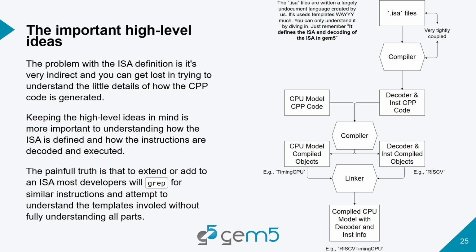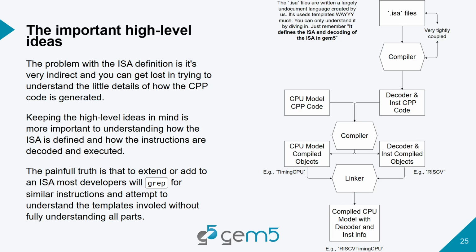Before I jump into some examples, I want you to get the important high-level ideas first, because you can get really lost in how the ISA parser parses everything and how the decoder actually works. At a high level, you have these .isa files, which are written in this bespoke language that we made ourselves at some point. That second part shouldn't say ISA compiler, it should say ISA parser, sorry.